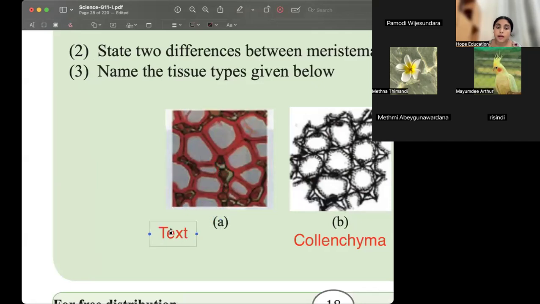You might not be able to identify A at once, which is why I said to sort out B and C first. Once you have B and C sorted out, you know A is the remaining one, which is sclerenchyma. So yes, your answers all seem to be correct.